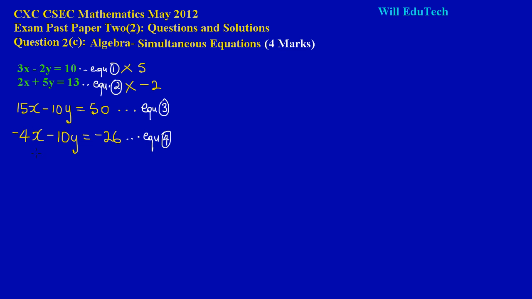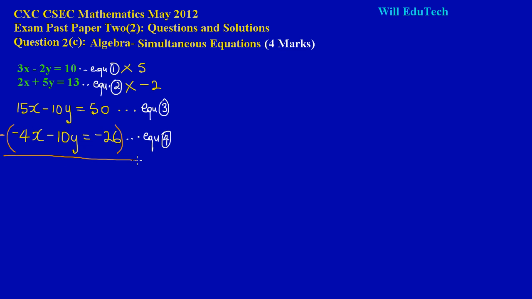Okay, guys. Now, quickly, because I'm solving by elimination, if you notice, I chose to eliminate the y, so the coefficients on my y's are the same. So here, I'm just going to subtract my equation 4 from my equation 3. As I always do, I'm going to put my equation 4 in a bracket, and put the negative sign in front of the bracket.